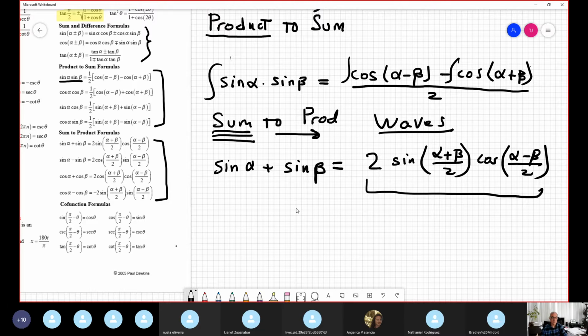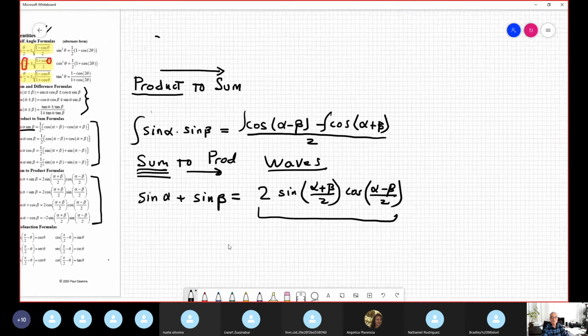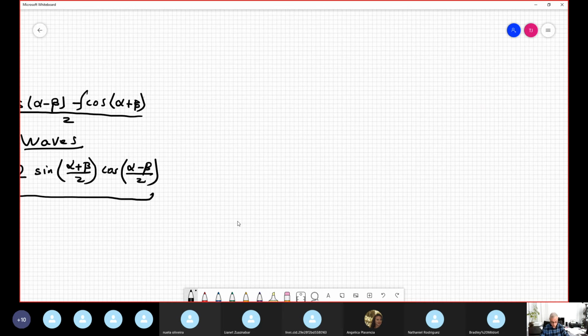So this is a formula that we can use in different subjects: physics, calculus, to convert product to sum, or sum to product. Of course, I bring a couple of examples of this, and that's it, because it's too easy. It's no big deal. A couple of examples, and that's it for today. Well, let me see.